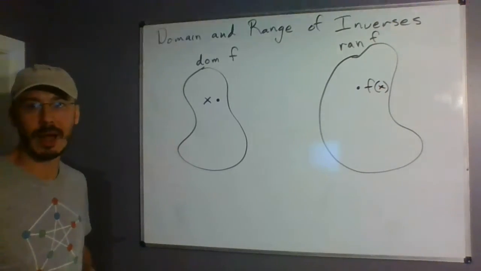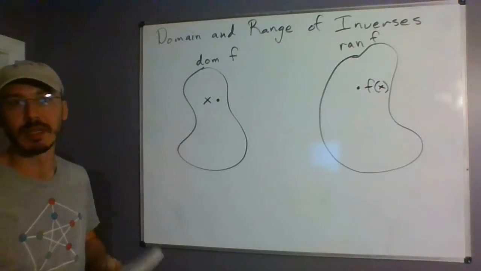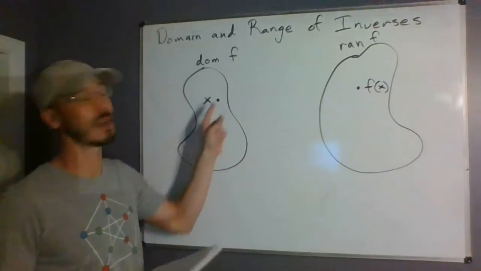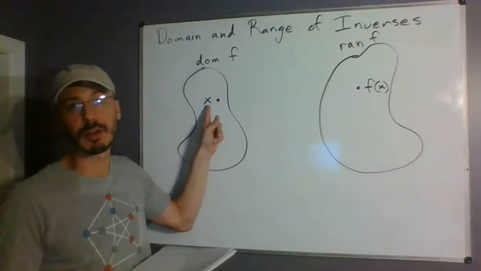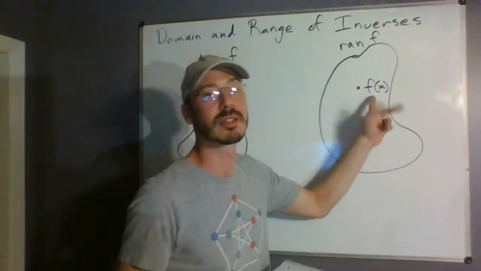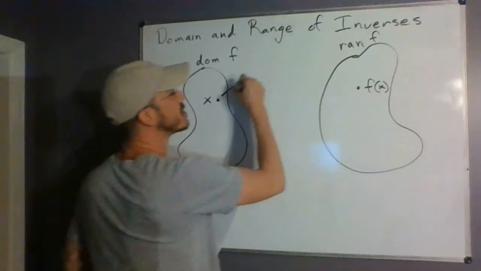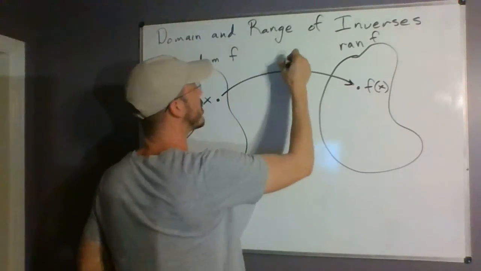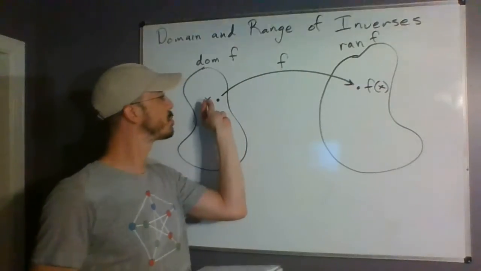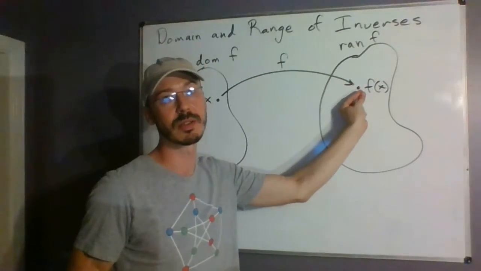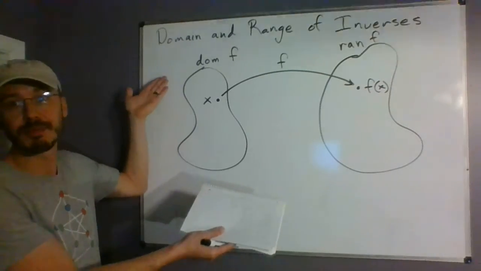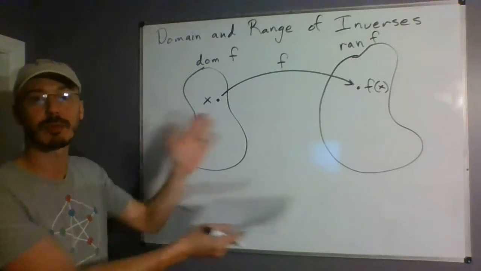Or y, if you want to call it that, but we've already got a name, we have a function name and we have a variable or a value in the domain, f of x. The function can be thought of as a map or a way of corresponding this point to this point. And that's a picture of what function means in terms of domain and range.